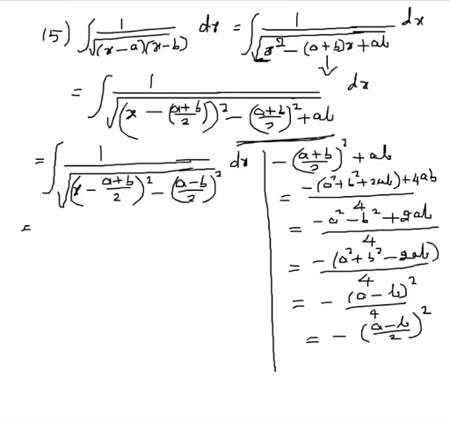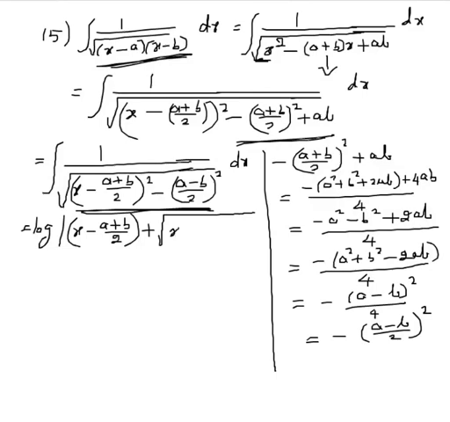We will use integral of 1 by root of x square minus a square formula, which is log of absolute value of x, this is our x, plus root of this expression. This expression is same as the given expression, which is x minus a into x minus b, and plus c.